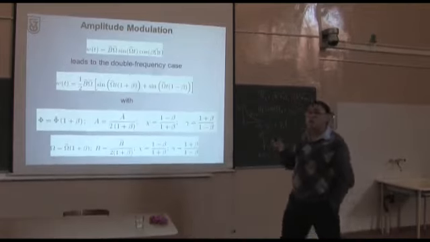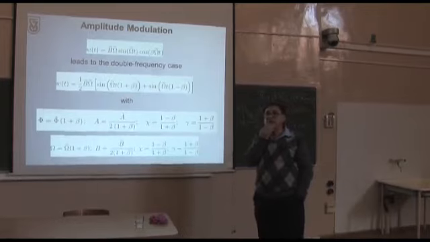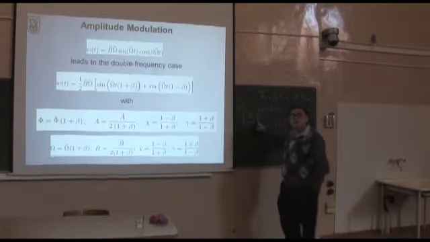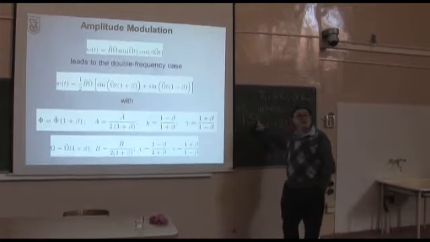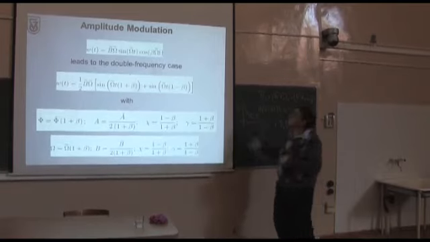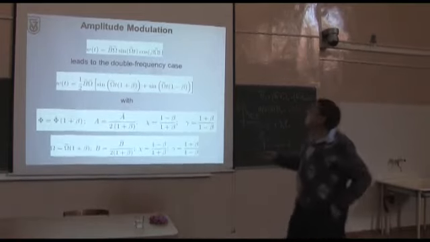Okay, so now let's think about the following case. Let's think about the single frequency case. But let's assume that there is a little temporal modulation of the amplitude of this single frequency case. So let's assume that the forcing looks like this.